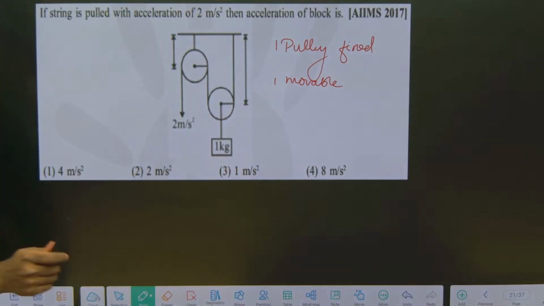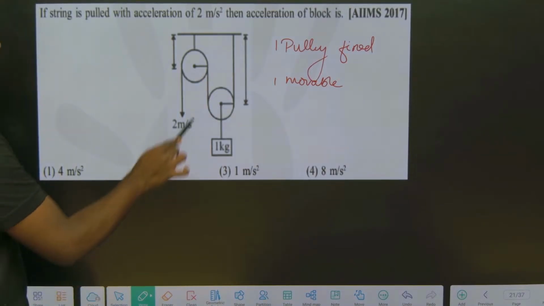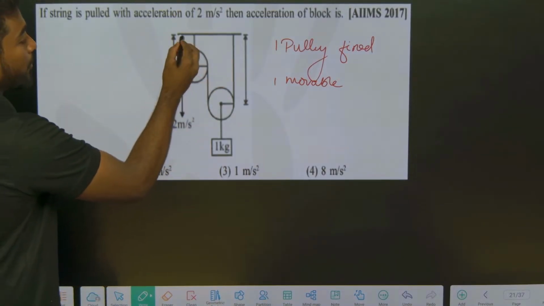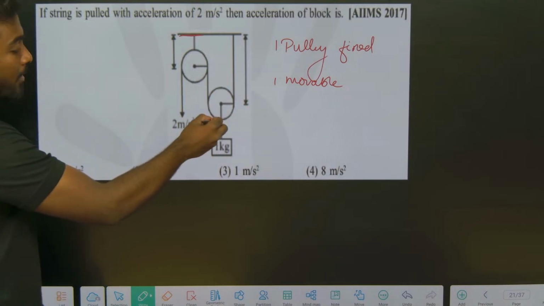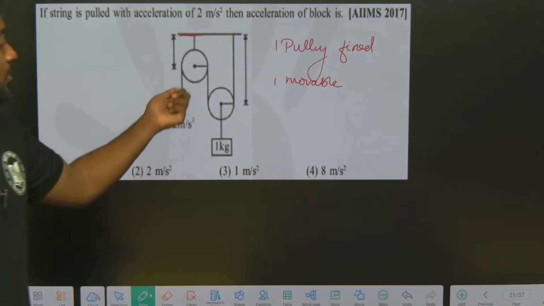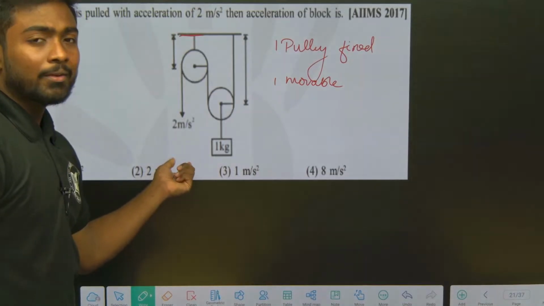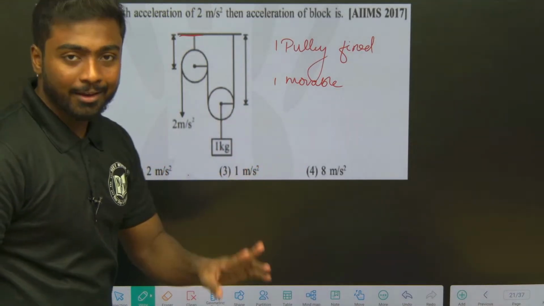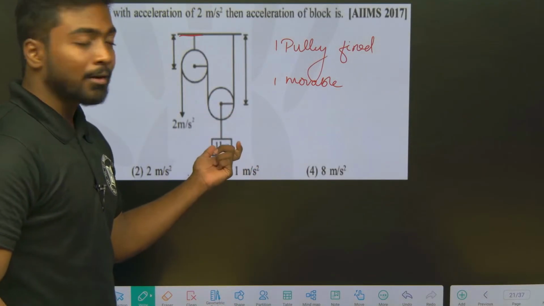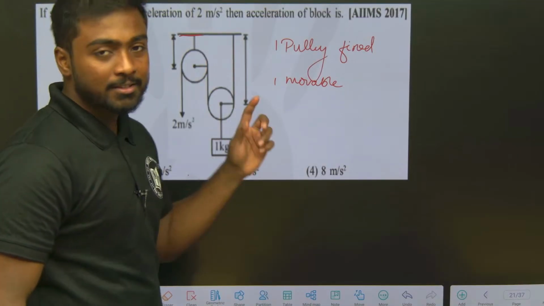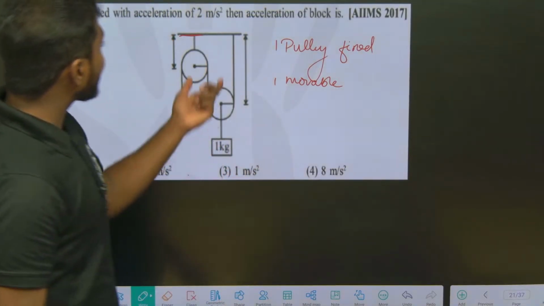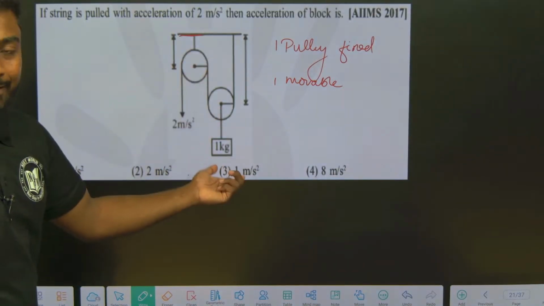Right. One is fixed and one is movable. Now, this is the fixed, right? There is the fixed one and there is the movable part. What they said, the string is pulled towards down with acceleration of 2 meter per second square, but in this one a block is there, that is 1 kg block is there. How much acceleration will be there in that block they are asking, right?